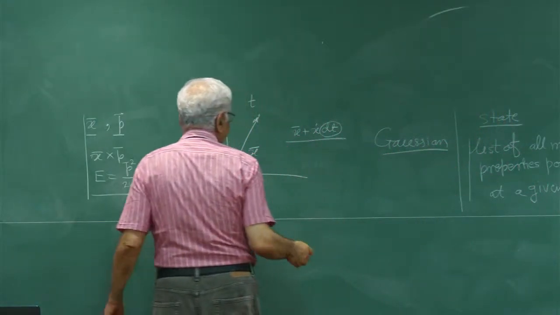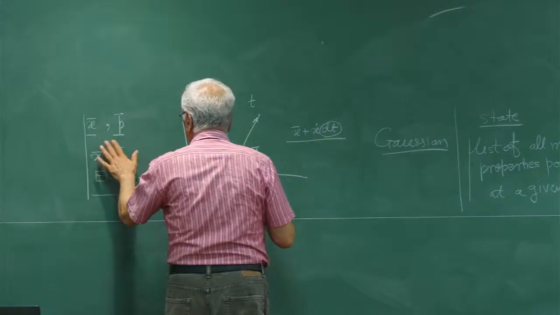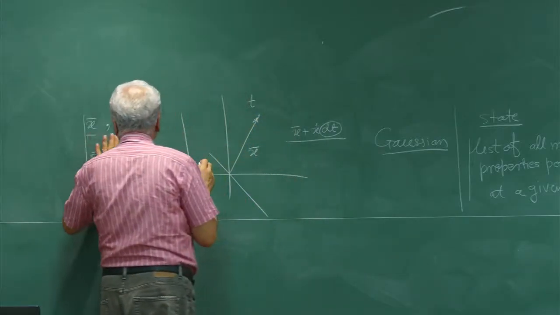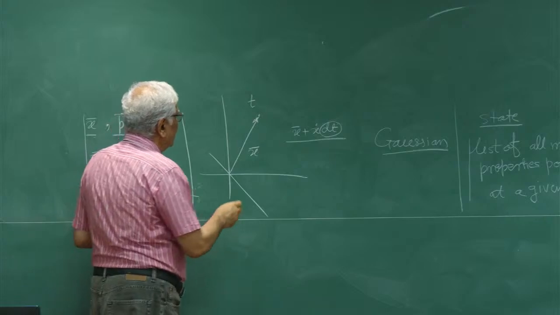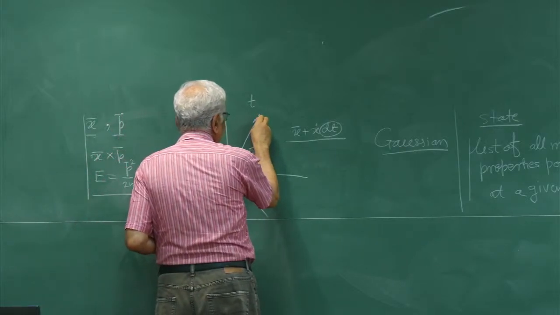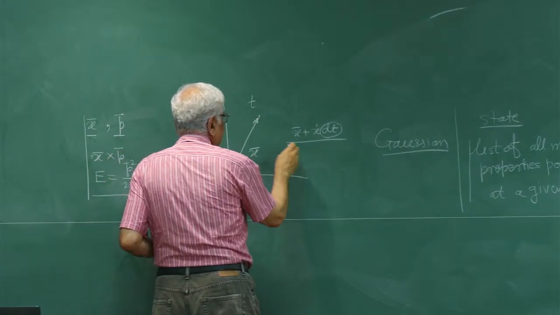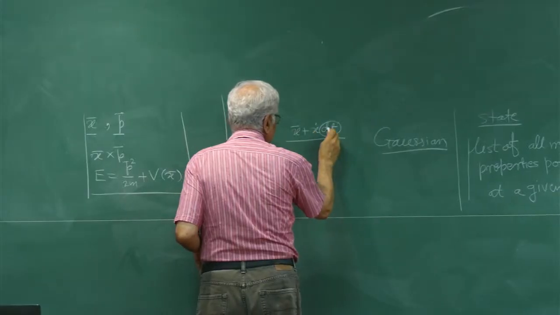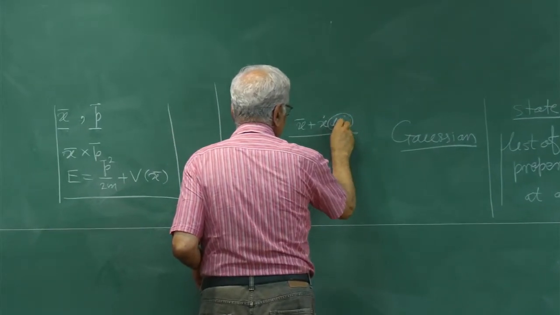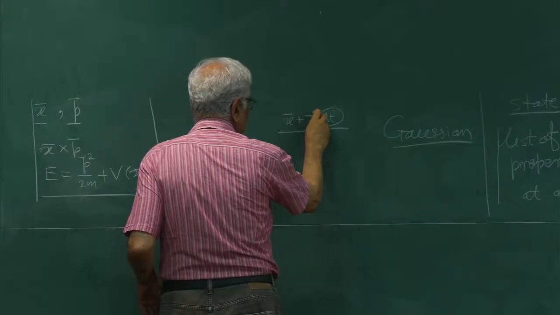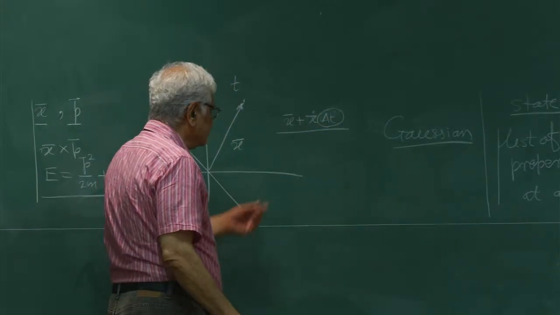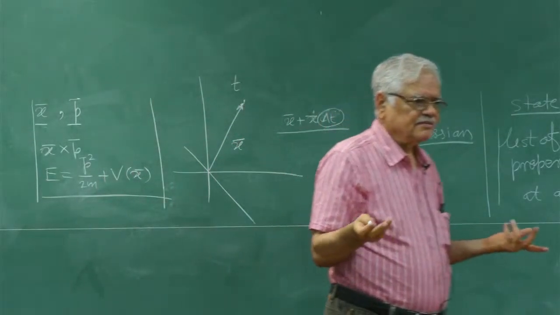Okay. So suppose I assume that I know position and momentum precisely, and the position of the particle is at a particular point. Then its position after some time, say delta t, I can find out as x plus x dot into delta t, and I can choose delta t as small as I want.